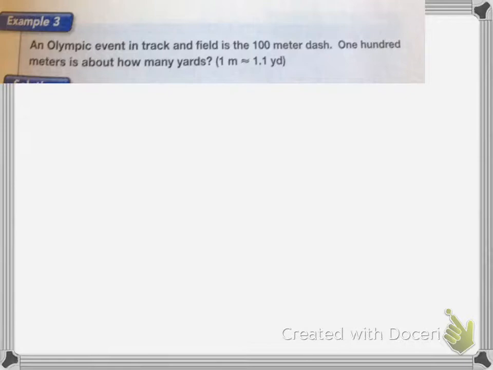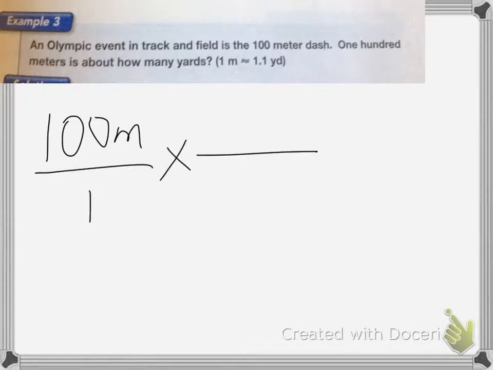On this next one, it says an Olympic event in track and field is the 100-meter dash. 100 meters is about how many yards? So 1 meter is about 1.1 yards. I have 100 meters, and I need to multiply that by a fraction that will change my answer into yards.